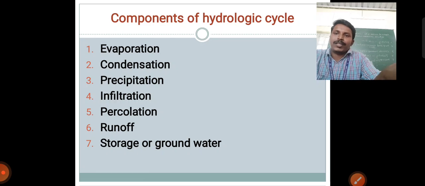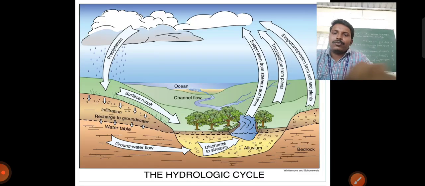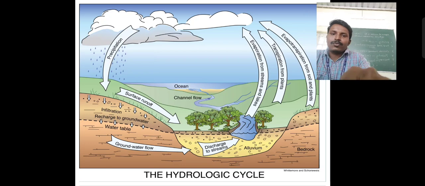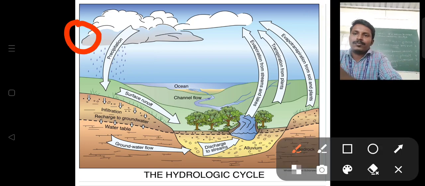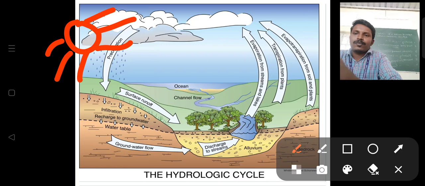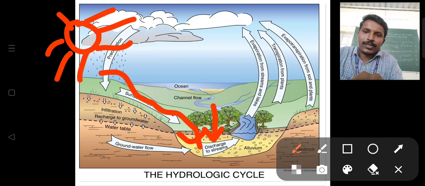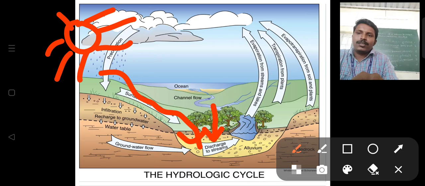Coming to evaporation, when the water bodies on the surface absorb heat from the sun, the water heats and converts into vapor.